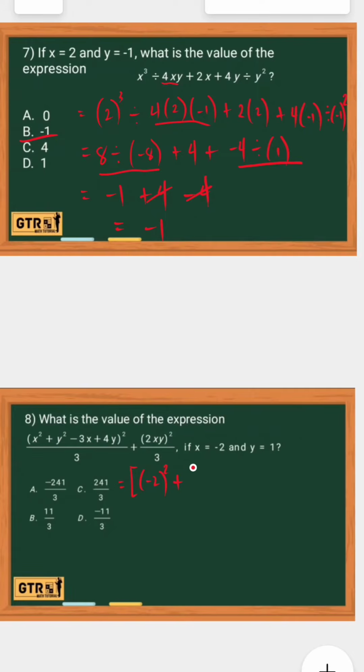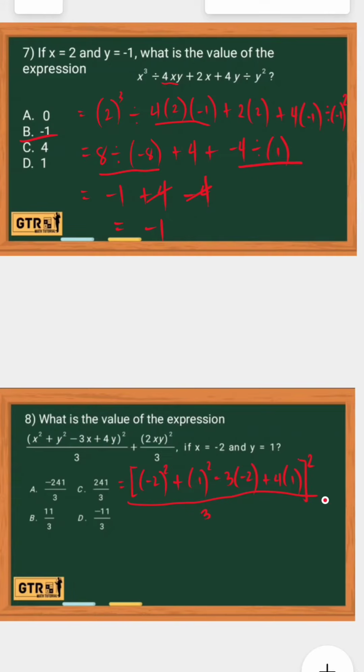Y is 1. So we have 1 squared minus 3. The value of x is negative 2 plus 4 times y. So we have 4 times 1 quantity squared. So over all over 3.